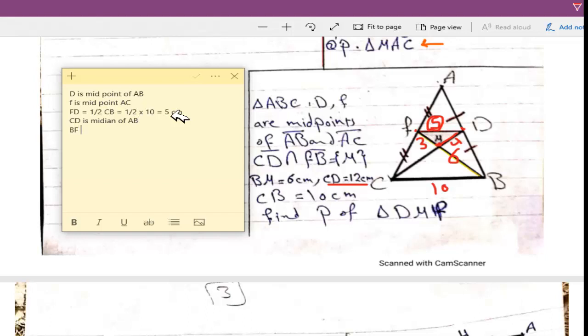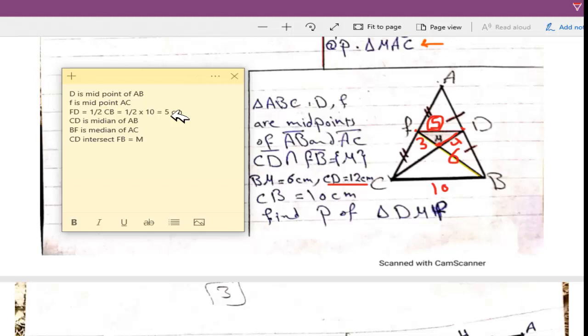BF is median of what? Median of AC. So CD intersect FB equals M. Now I can use the ratio third, 2/3, half, twice, like that.